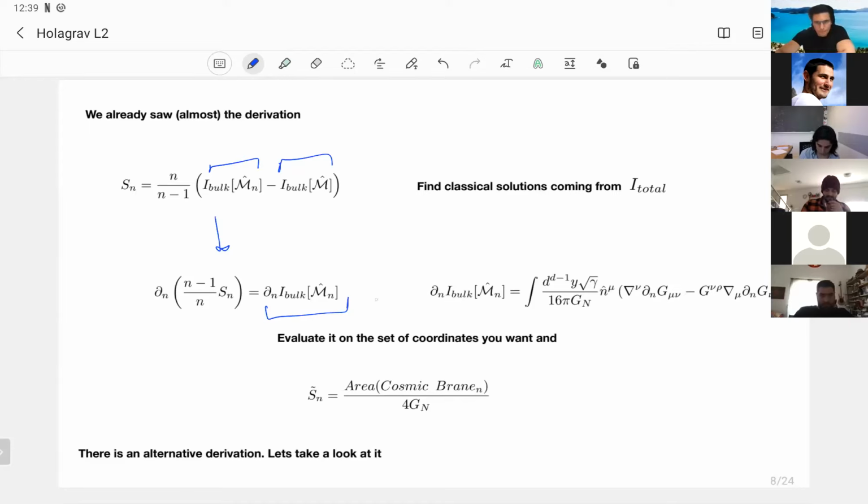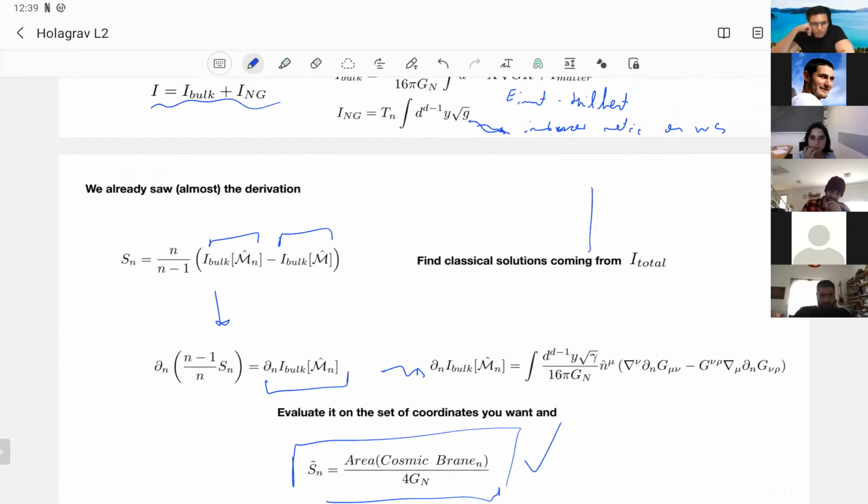So you can do it, and use any coordinates you want, and you will obtain the correct result, the result that Dong proposed. That is this one.